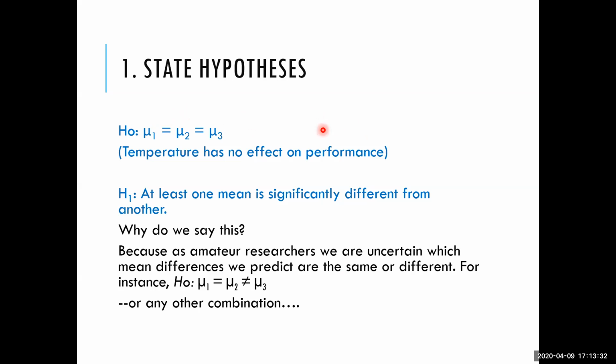If we had 10 treatment groups, mean 1 of the first treatment group equals mean 2 of the second treatment group equals mean 3 of the third treatment group equals mu 4 of the fourth treatment group, on and on and on. In the situation that we looked at, the null hypothesis is that temperature has no effect on performance.